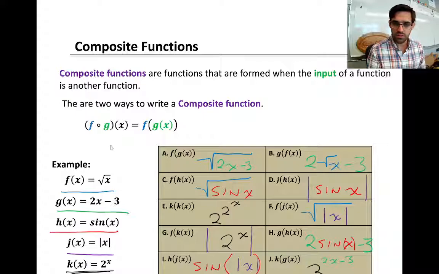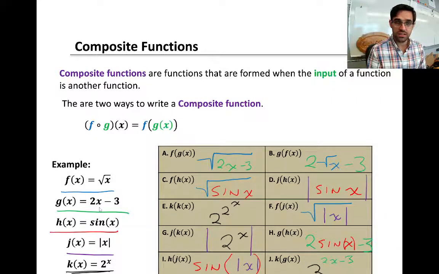Okay, so here's a bunch of examples. Here's five example functions that are all different parent functions, and we can compose them any which way. So if I say f of g of x, f is the outside function, is equal to the square root of x. g is the inside function, it's equal to 2x minus 3.